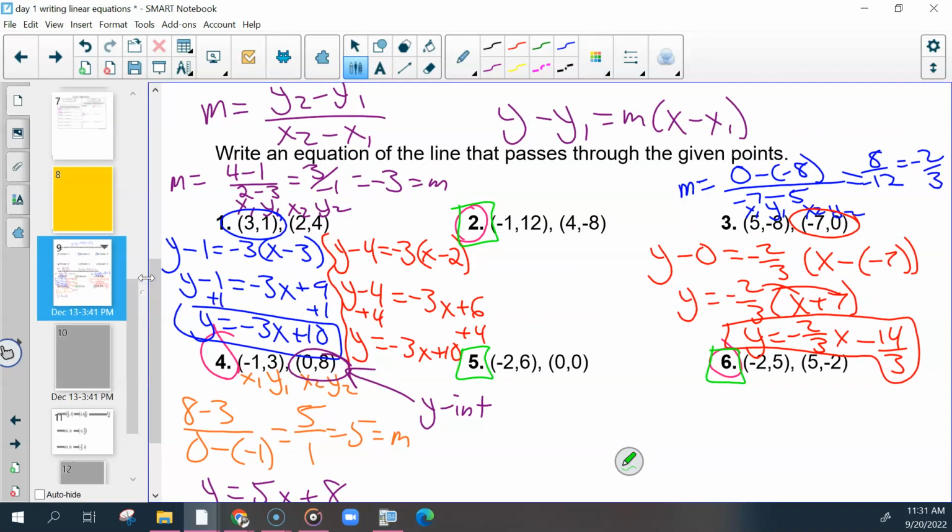Okay, so find your slope first. You have -8 minus 12 over 4 minus -1. Do that math. What would your slope be?